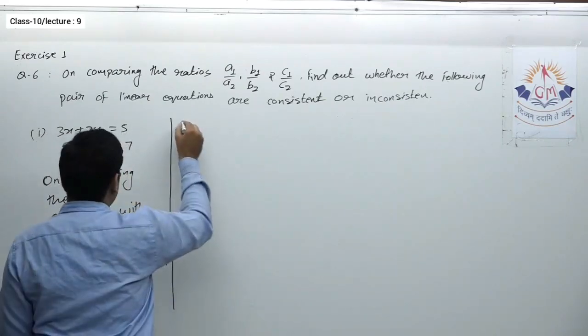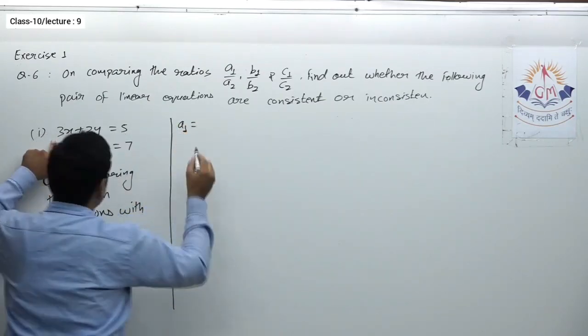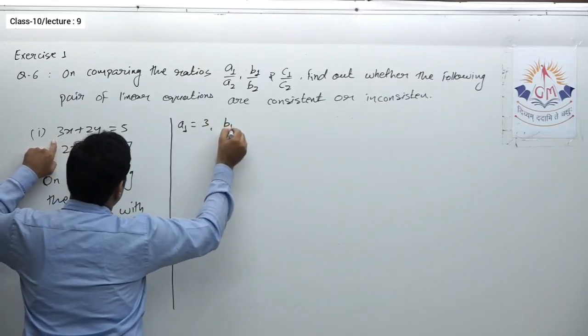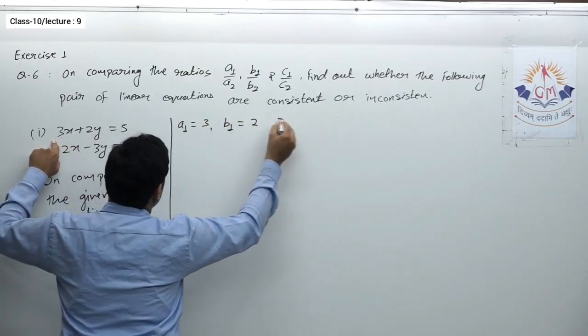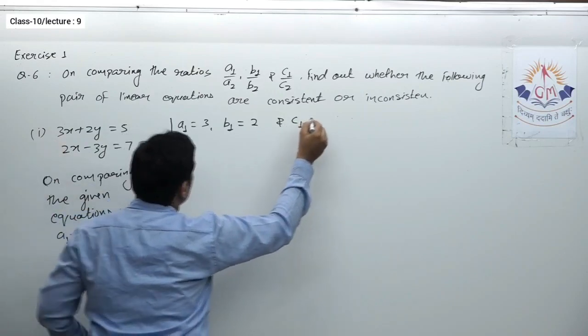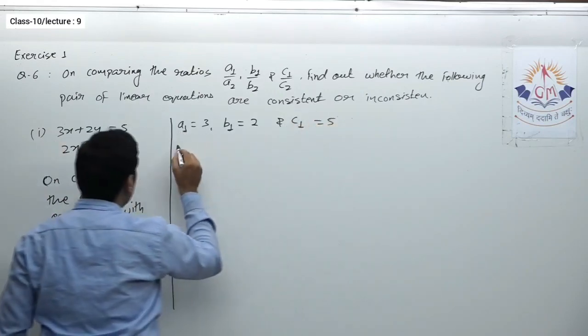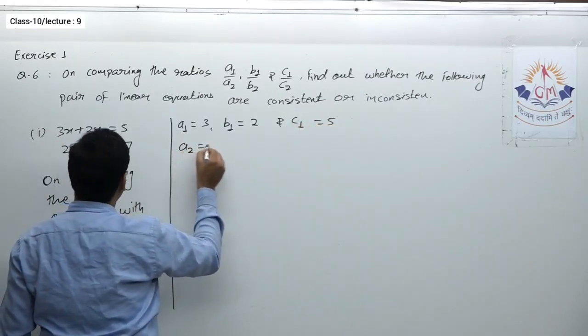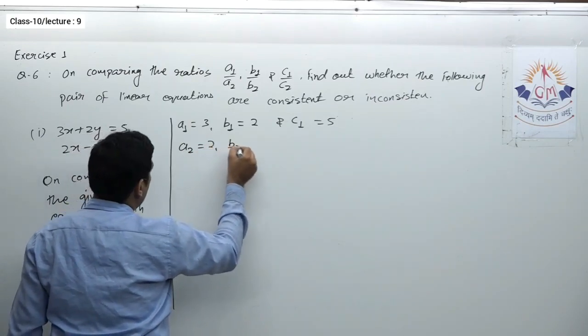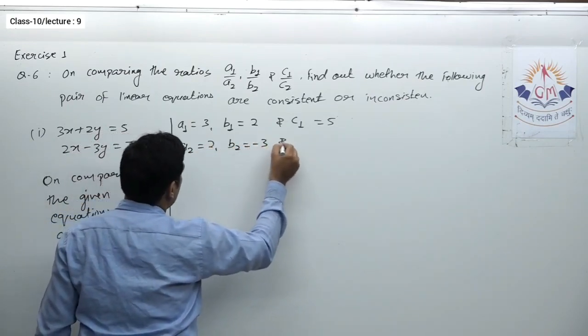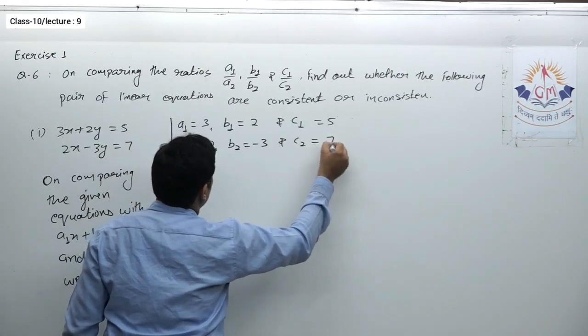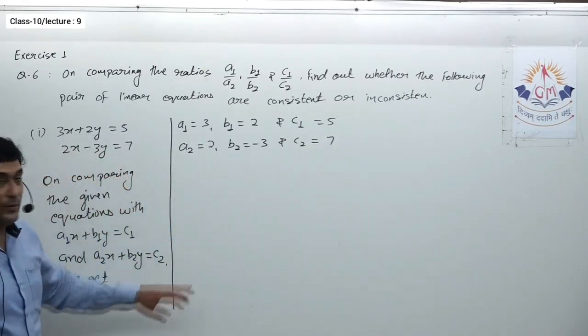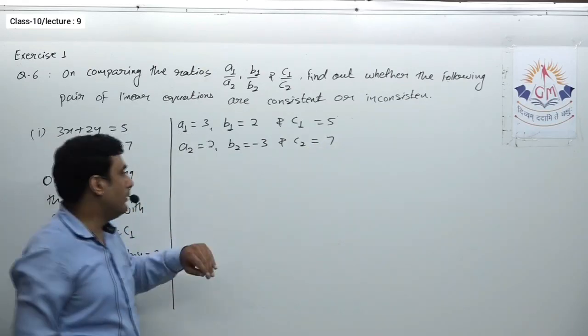So we get a1 is equal to 3, b1 is equal to 2 and c1 is equal to 5. a2 is equal to 2, b2 is equal to minus 3 and c2 is equal to 7.